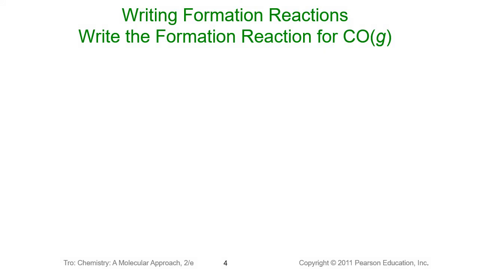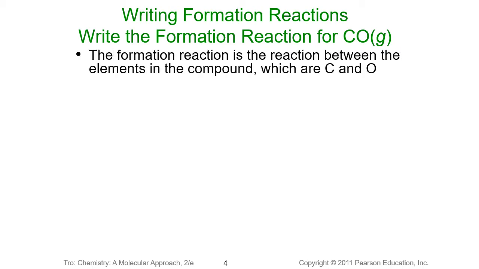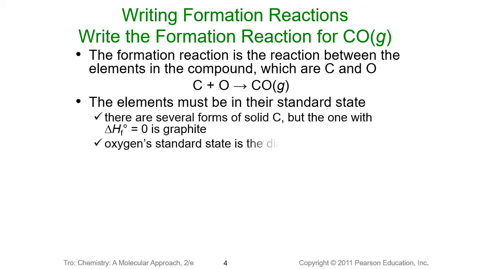So when we're writing formation reactions, say for carbon monoxide, we want to make it out of the elements. So our elements are carbon and oxygen, and we're going to use those as the reactants in our chemical reaction. They have to be in their standard state, so that means that carbon comes in lots of forms, but our standard state is graphite. Oxygen is going to be the diatomic gas.